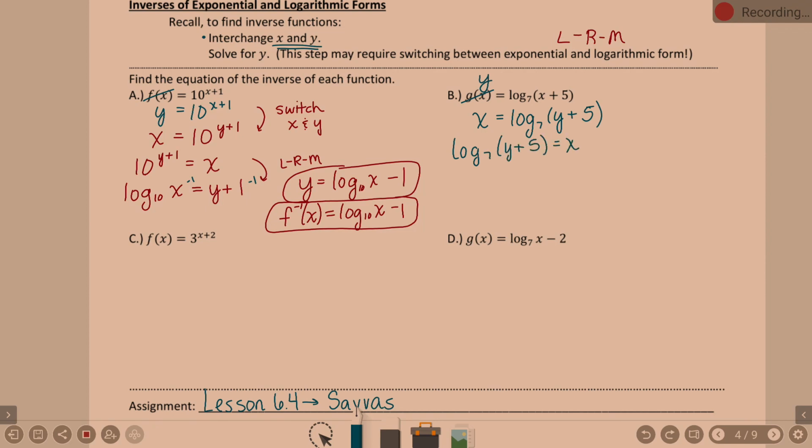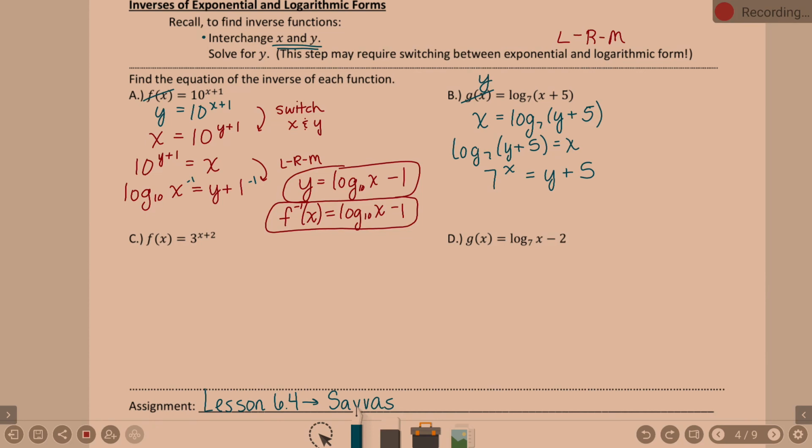So, what's my left? The base of 7. So the base of the log now becomes the base of the exponent. 7 to what power? Left, 7, raised to the right, x, equals the middle, y plus 5. So again, there goes our left, right, middle.